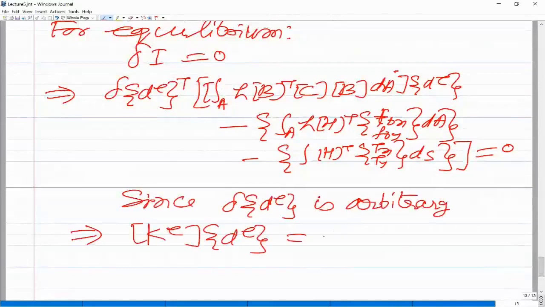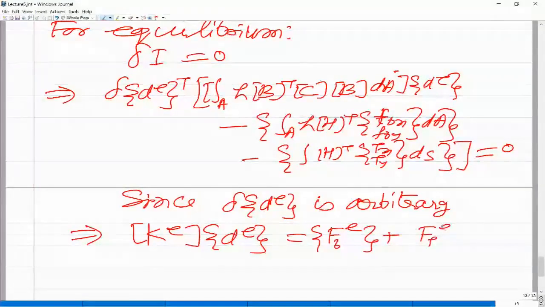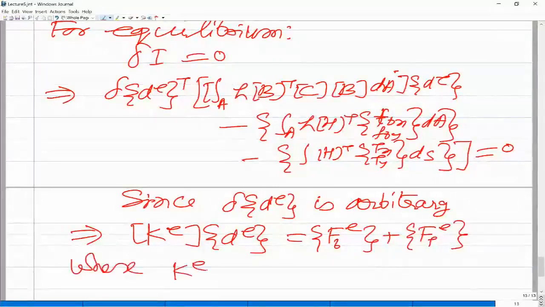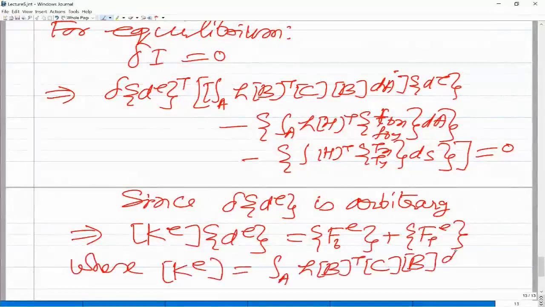now AF has got two portions, so let me say FBE for the element and FTE for the element. So this is the element level governing equation, where Ke is the element level stiffness matrix, which is nothing but integration over area H into B transpose into C into B into dA.